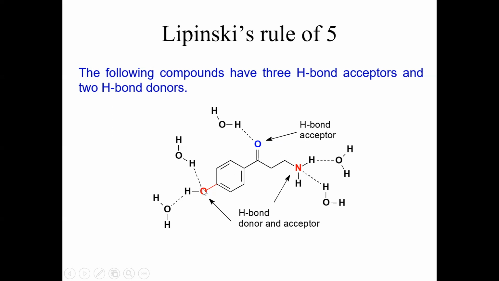Now you will see this OH group can act as a hydrogen bond donor and as a hydrogen bond acceptor. So we can see here the OH functional group interacts with a hydrogen bond donating interaction with water. With the OH as well, that O group of the OH can form an interaction with the hydrogen of water, acting as a hydrogen bond acceptor.